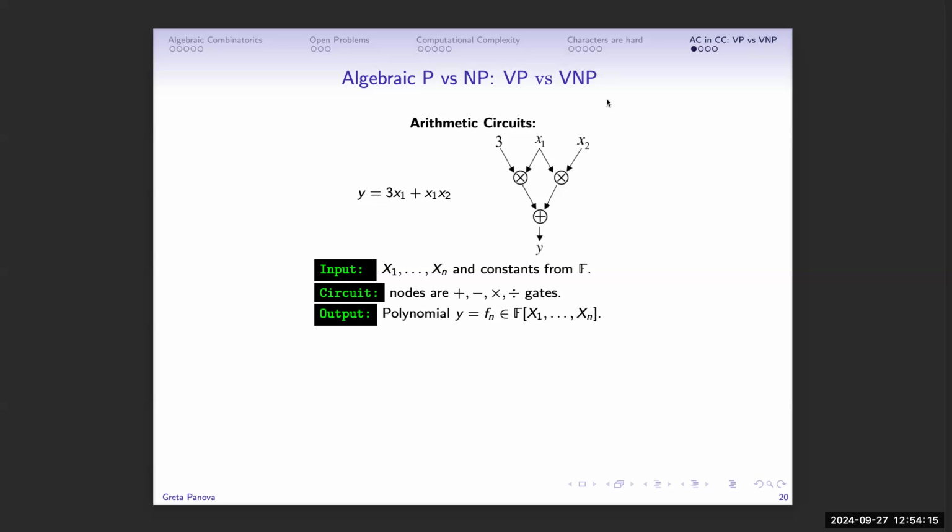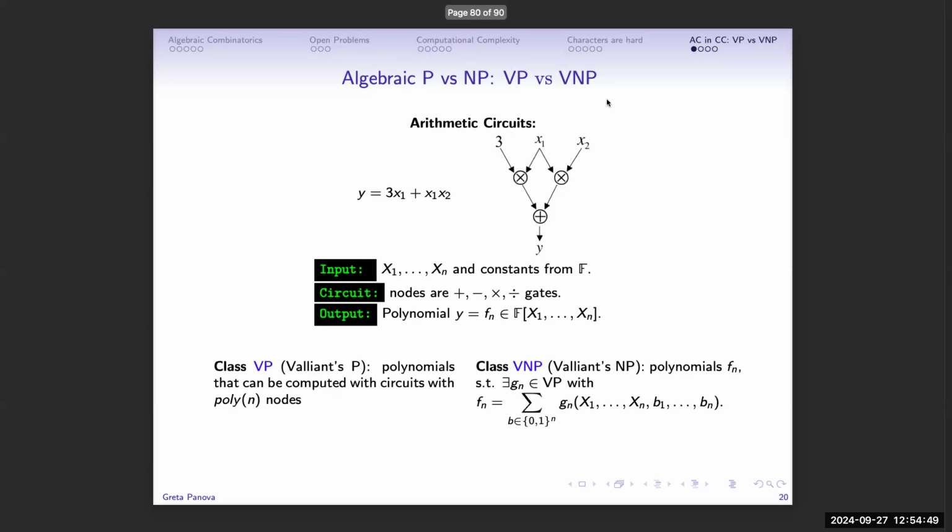The intermediate vertices are just some simple operations: plus, multiplication, minus and division, and then you can of course multiply by various constants along the way. They also come in as inputs. And then in the end, you get your polynomial out of one of these vertices.